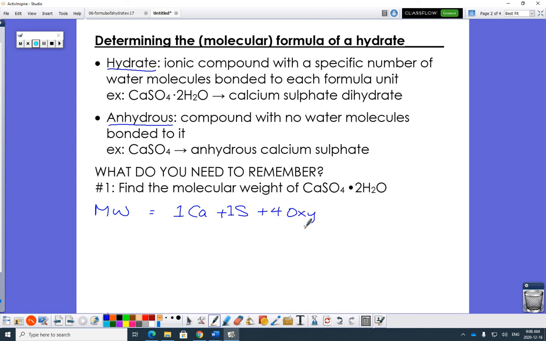And today I'm going to do it because maybe now you know that this is 18. Or maybe you can do it in your head. Hydrogen is 1, oxygen is perfectly 16, 16 plus 2 is 18.